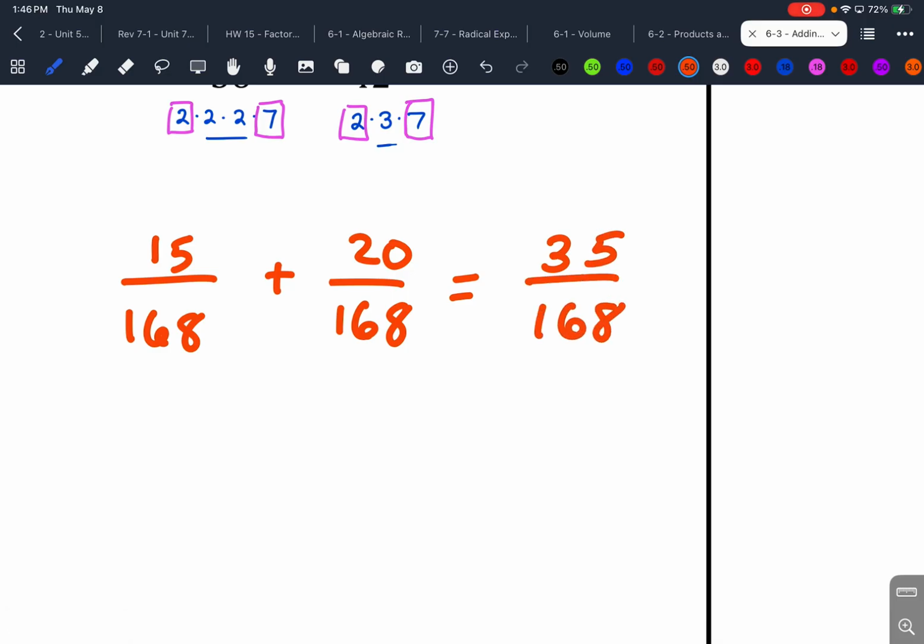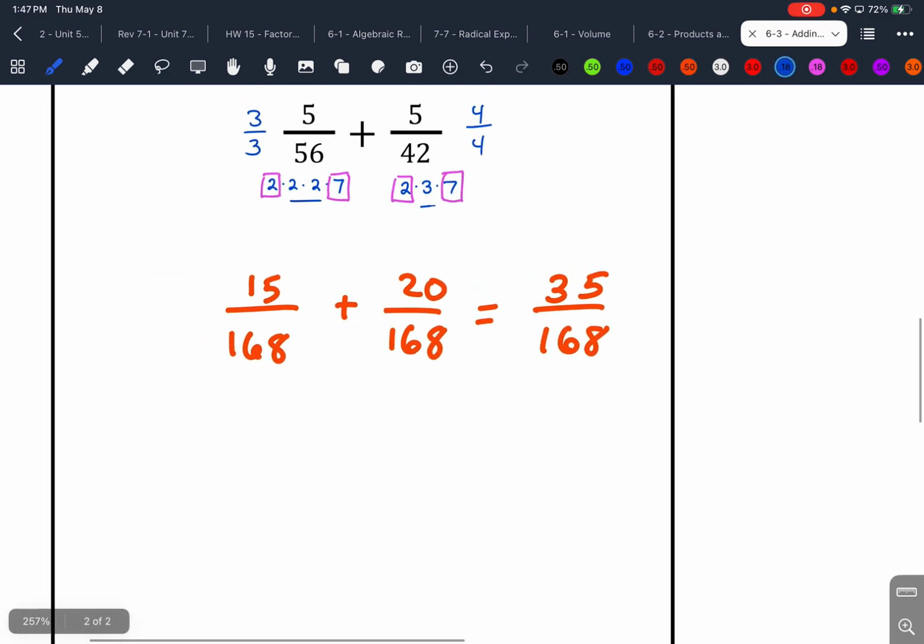Now, I would like to point out that we actually have the prime factorization of, well, 35 is easy. That's 5 times 7. We have the prime factorization up here because 168 is 2, 2, 2, 7, and a 3.